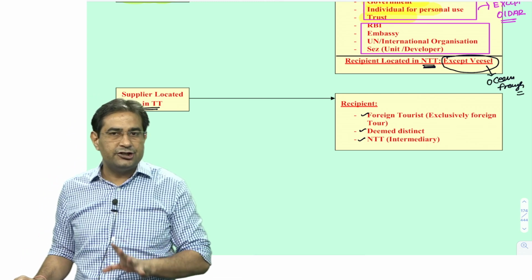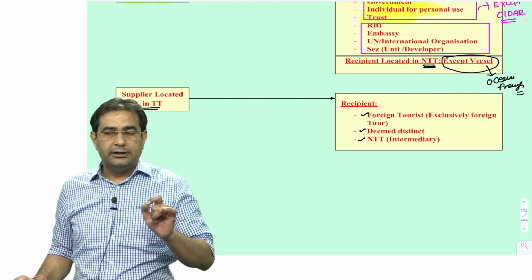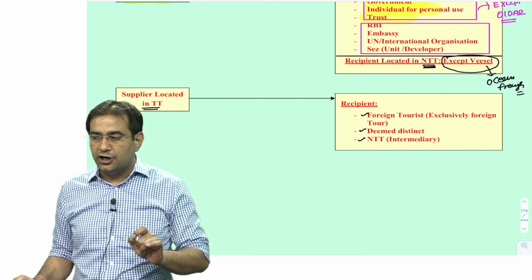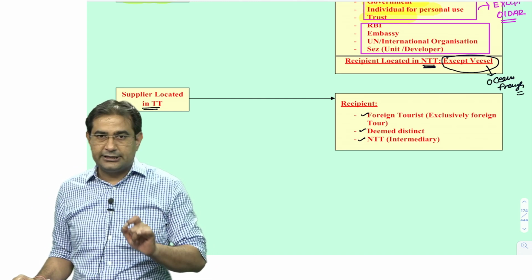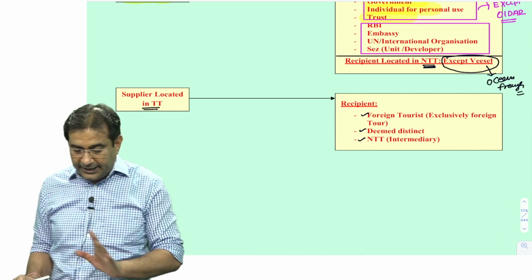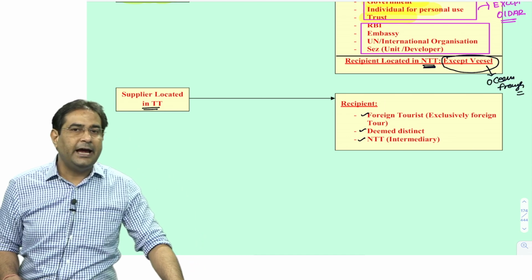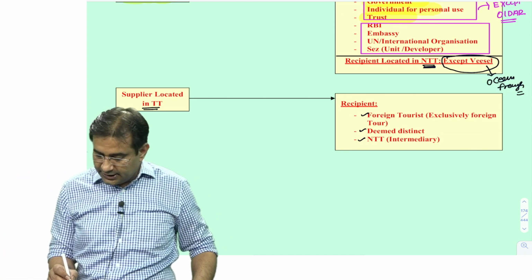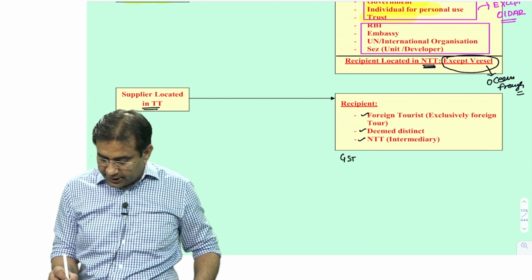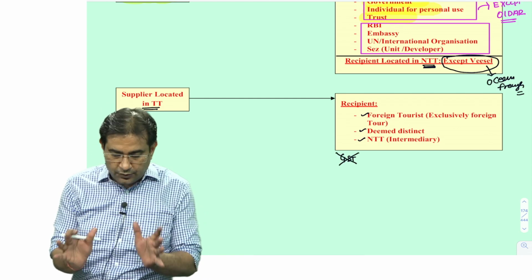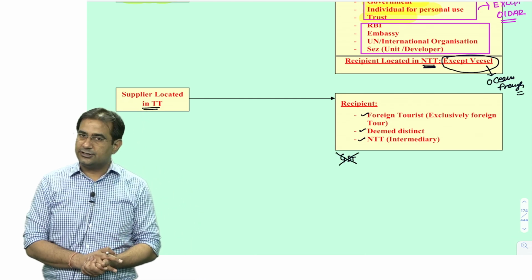These are the three situations where the person supplying the services is located in the taxable territory and supplying services to foreign tourists, deemed distinct and entity. All these will be exempted from GST and there is no question of GST at all, my dear. So this was the discussion till now. Is it okay to you?